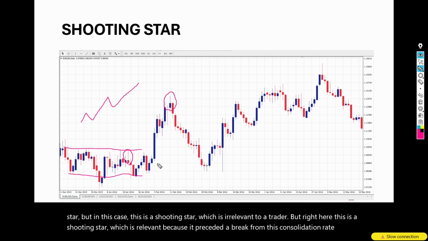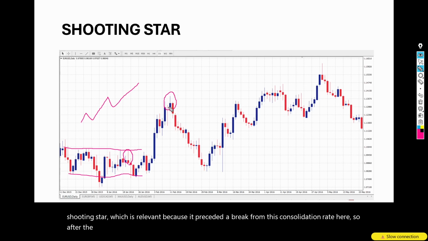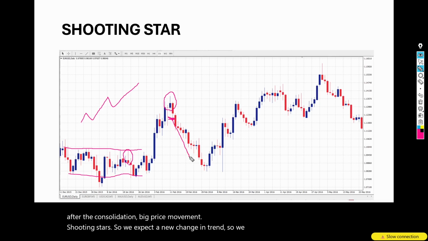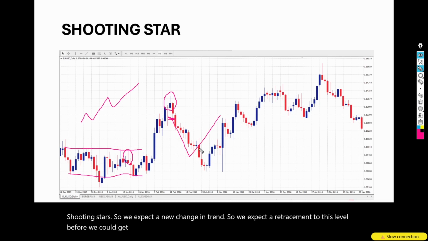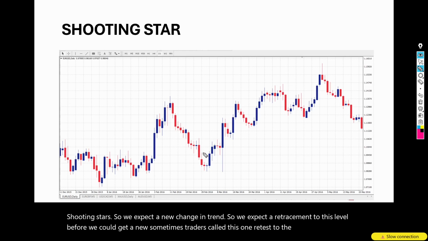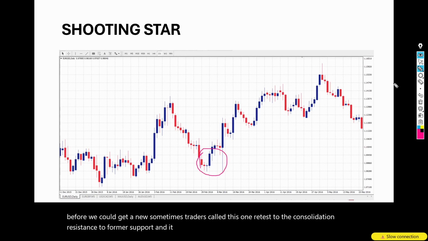So after the consolidation, big price movement, shooting star, so we expect a new change in trend. So we expected a retracement to this level before we could get a new move. Sometimes traders call this a retest of the consolidation resistance to form a support, and it happened.